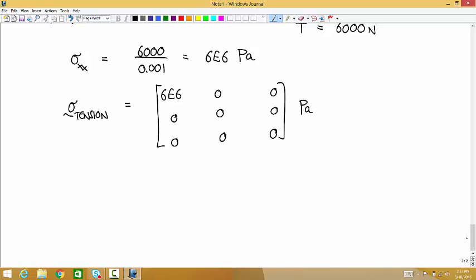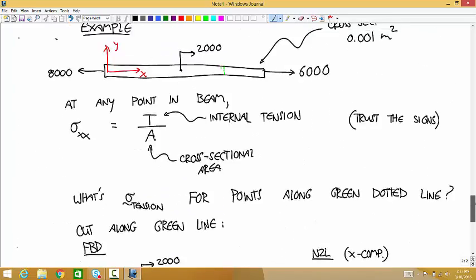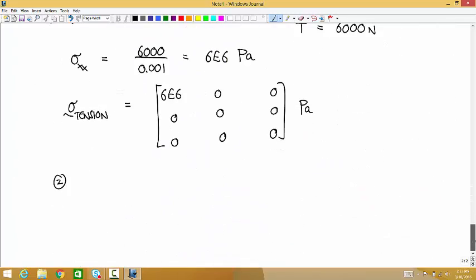The next one is the stress due to the bending moment.